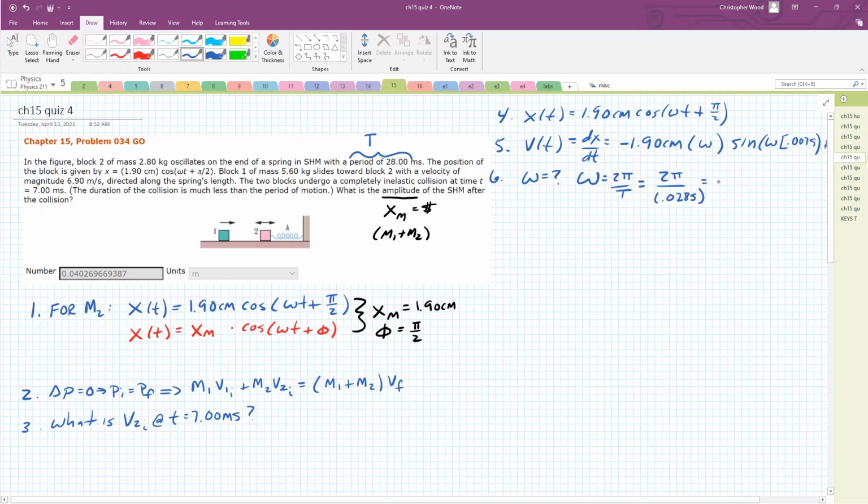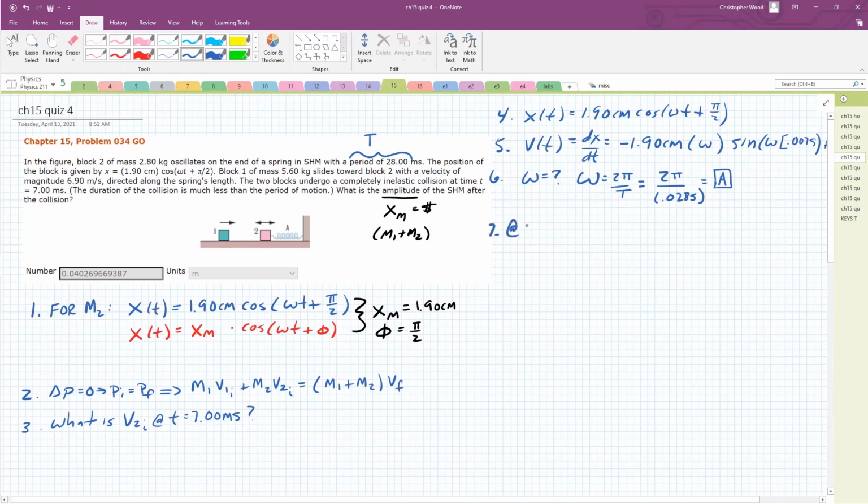Let's store this in calculator memory location A. That's my omega: 2 times pi divided by 0.028. Let me do that again. I'm getting the same answer twice. So now we can figure out the velocity.